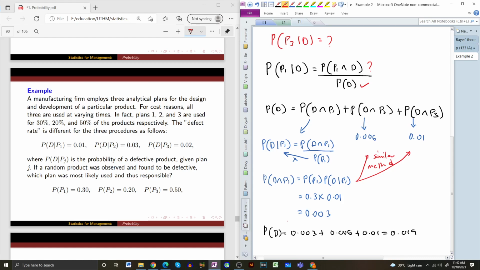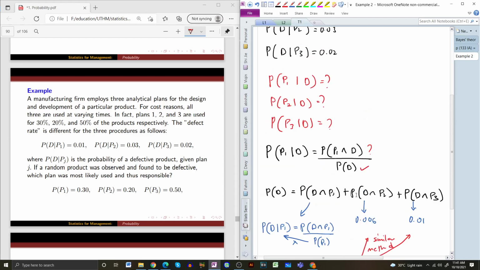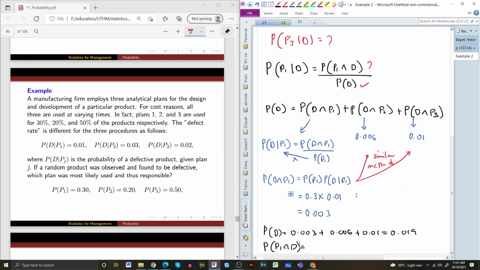This one is P1 intersect D, which is exactly the same as D intersect with P1. Okay, this is the same thing here.